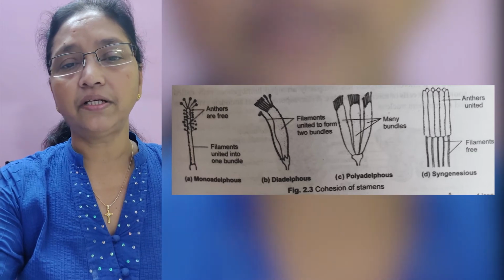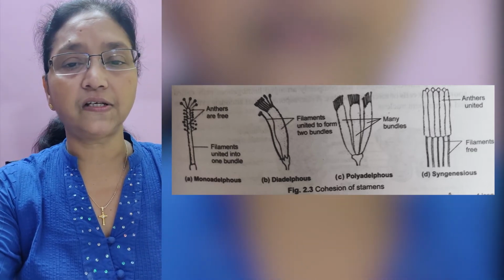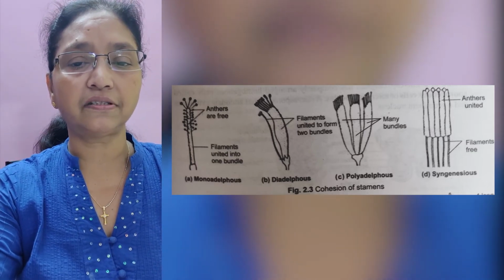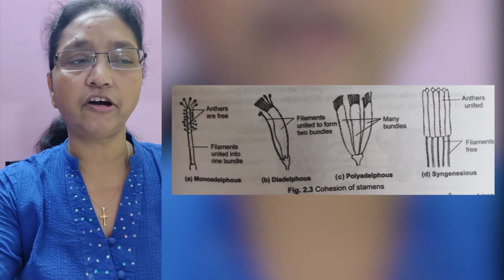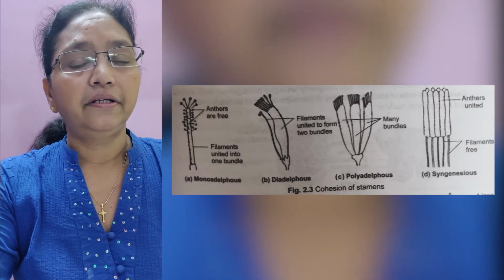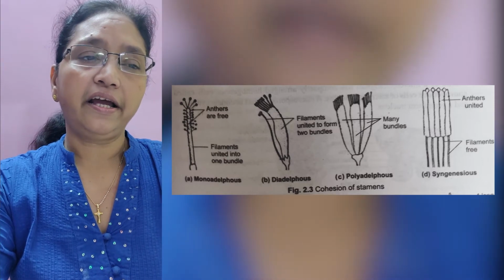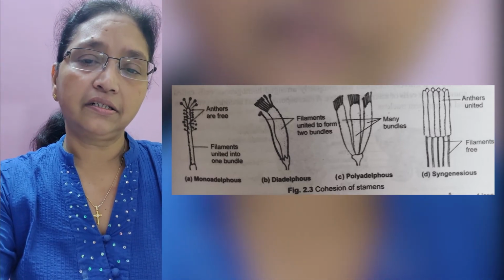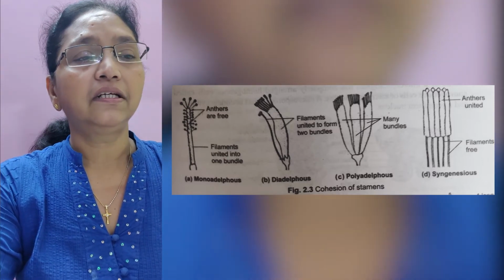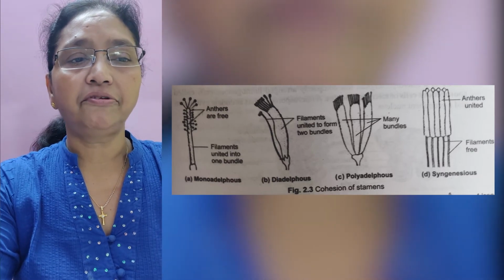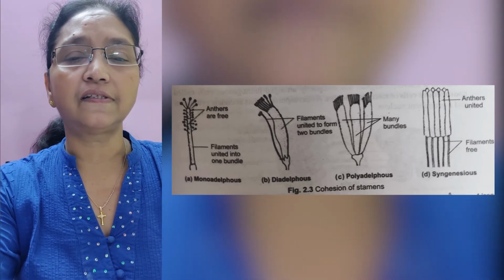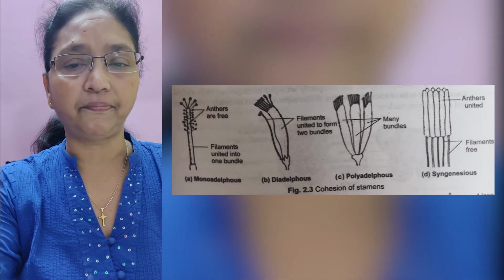Such an arrangement is called monadelphous stamens. Here all the stamens are in one group, one bundle. And in the second kind, that is diadelphous, found in pea plants, the stamens are fused into two bundles and the anthers are free.